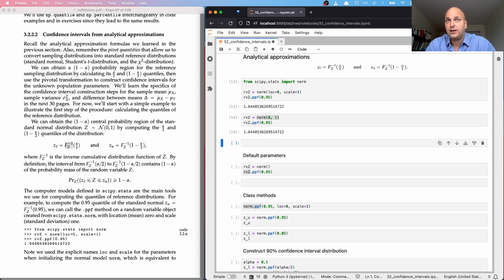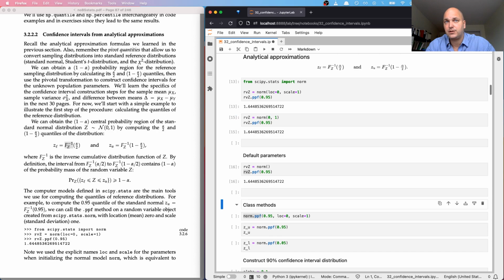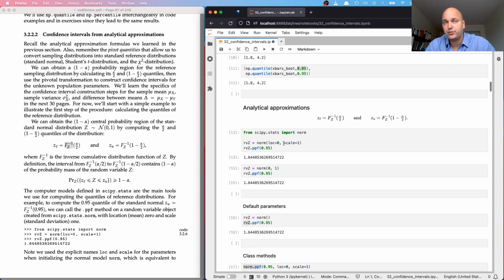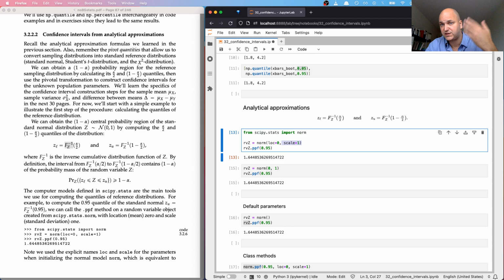This is how you obtain the upper 95% number. I'm showing these examples just to show the different ways. You can obtain the standard normal, a computer model for it, by specifically saying the location is 0 and the scale is 1. That's what standard normal means. Or you can skip the location and say 0, 1.